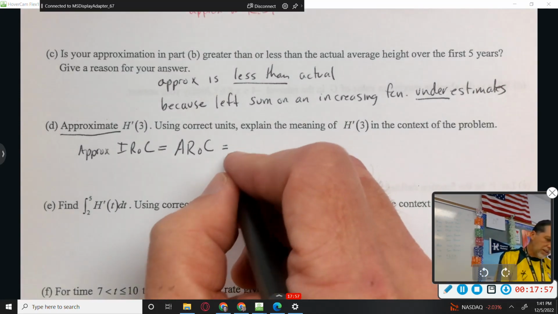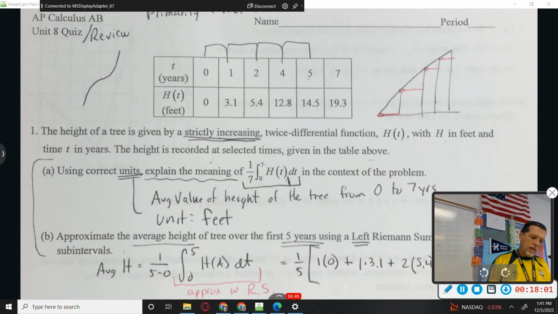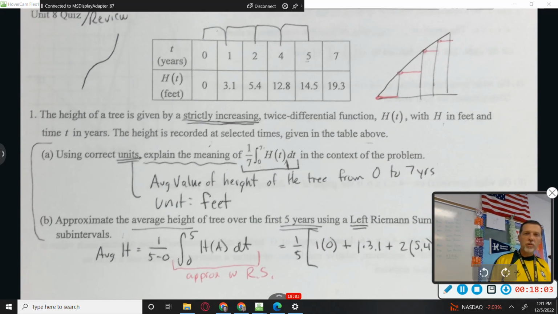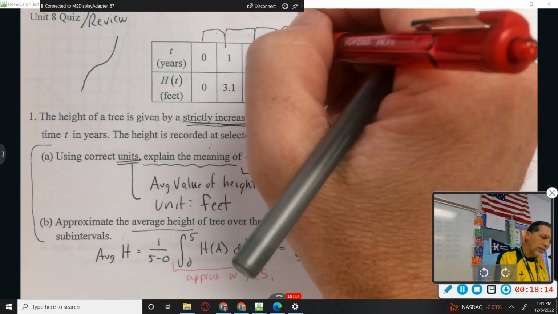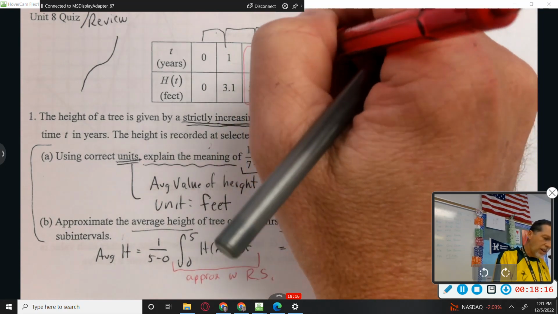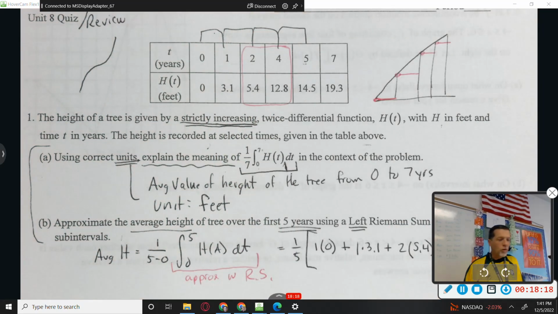Let's see. So that would be for 3. AROC is like algebra slope, which means I need 2 points. And they asked for h prime of 3. So 2 and 4, likely our best guess. I suppose you could argue that 1 to 4 would approximate it, and 2 to 5 would approximate it as well.